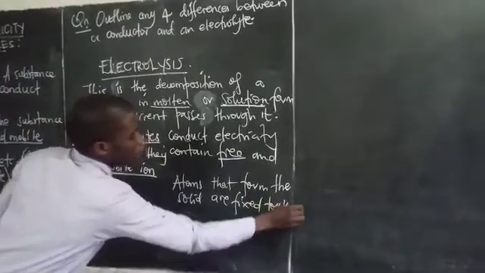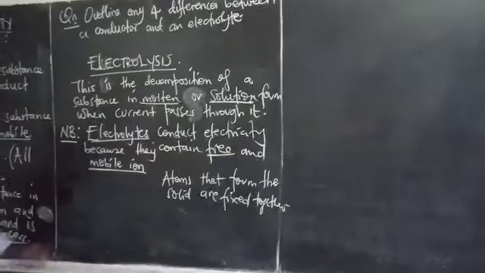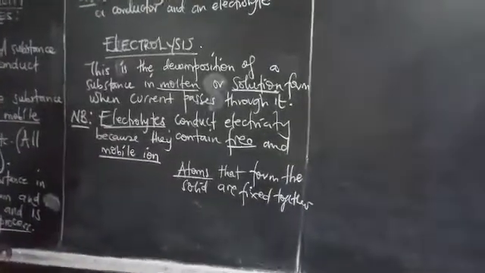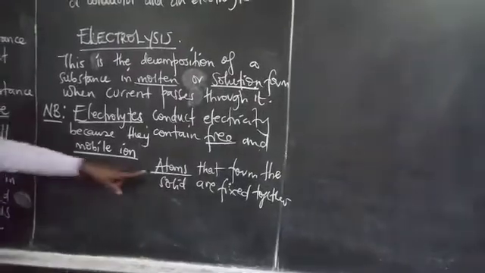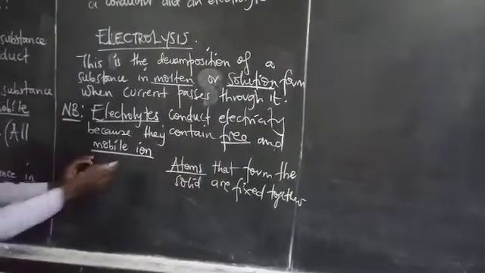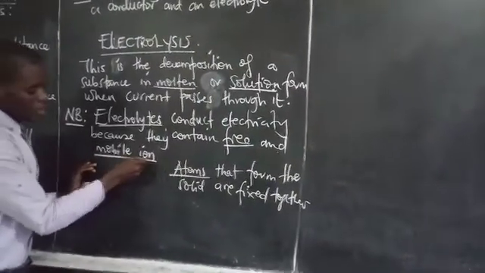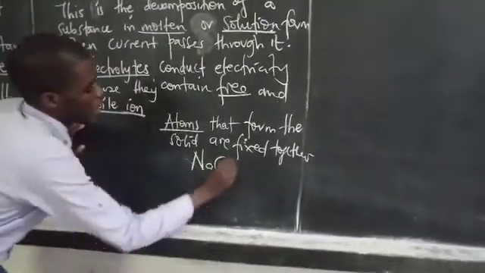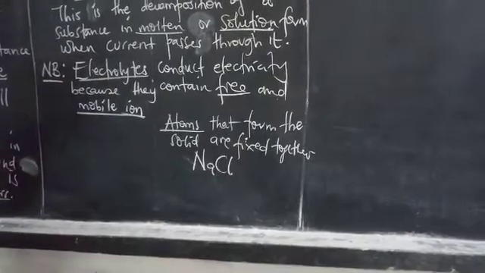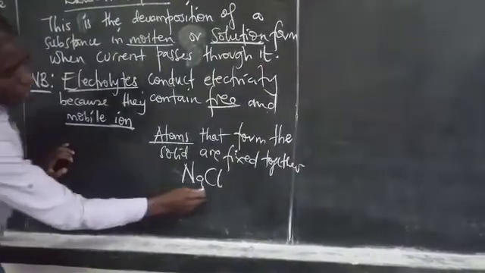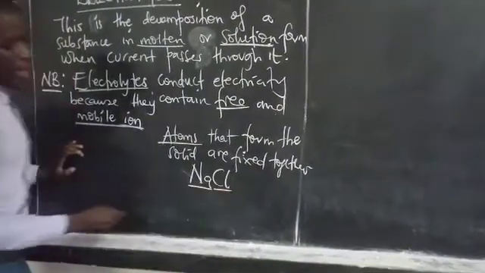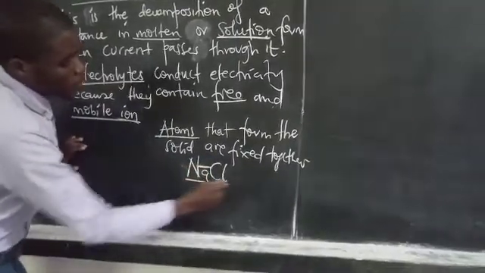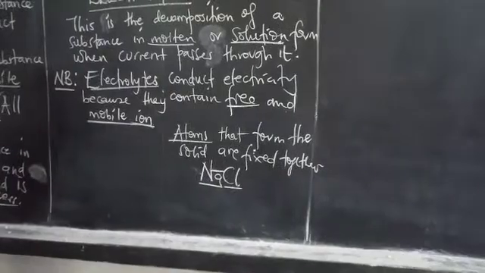Even when bonding has taken place, these atoms cannot release the ions. If you have sodium chloride in solid state, the sodium atom and the chloride atom are so strongly held that none of them can move independent of the other.